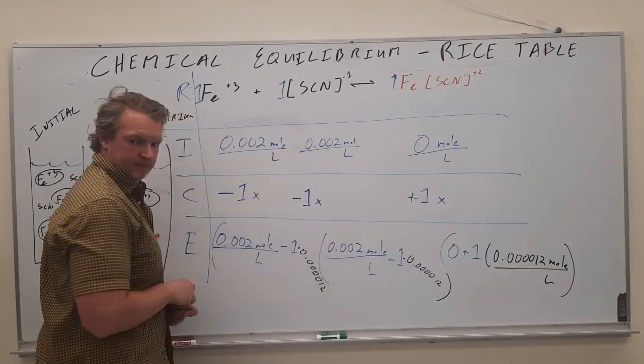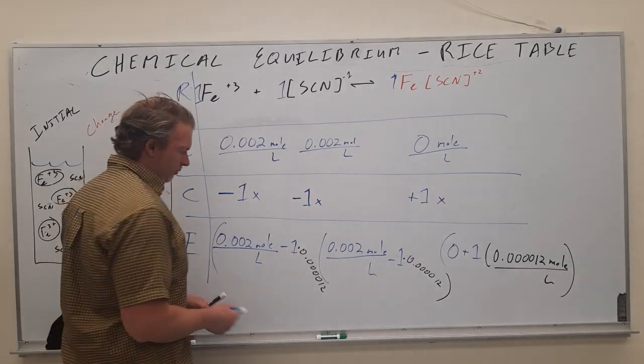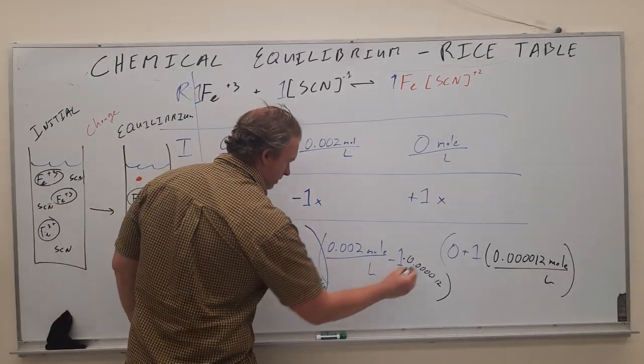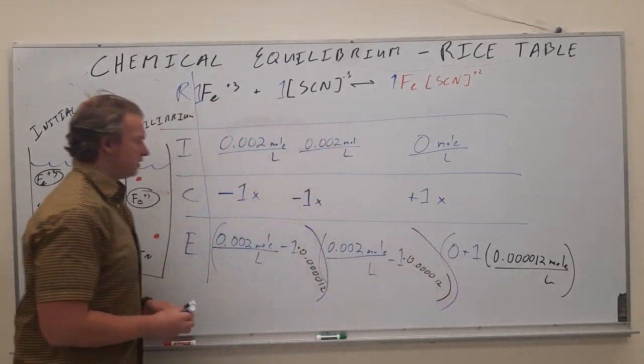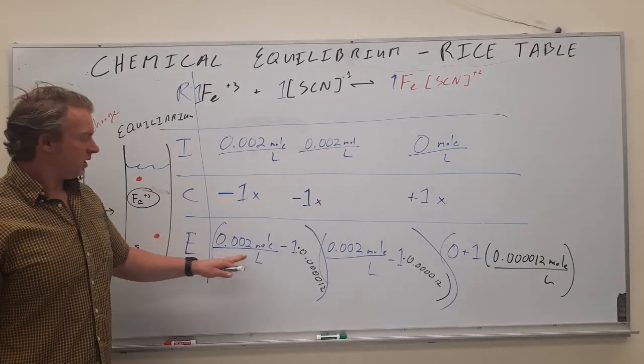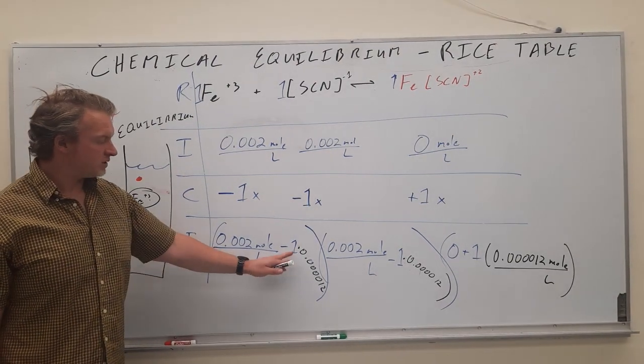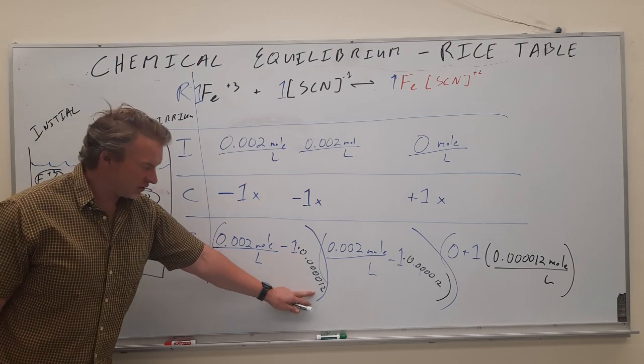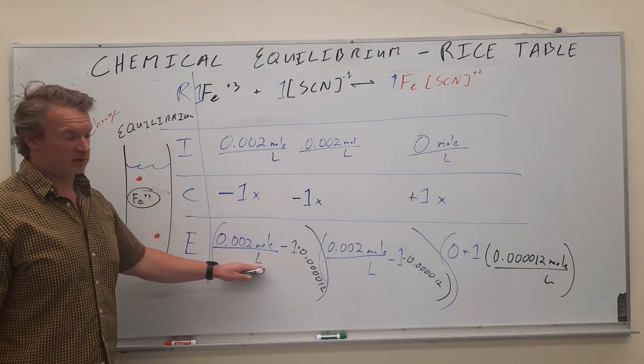Really jamming it in there, but I hope you can follow what's going on here. So now this is a solvable problem. 0.002 minus 0.000012. That's going to be a real number.